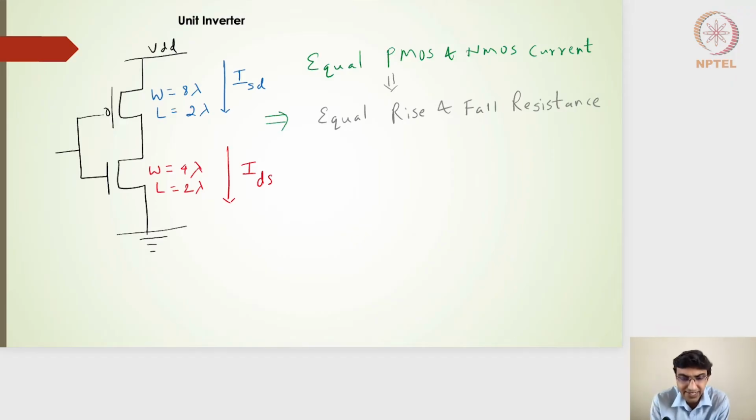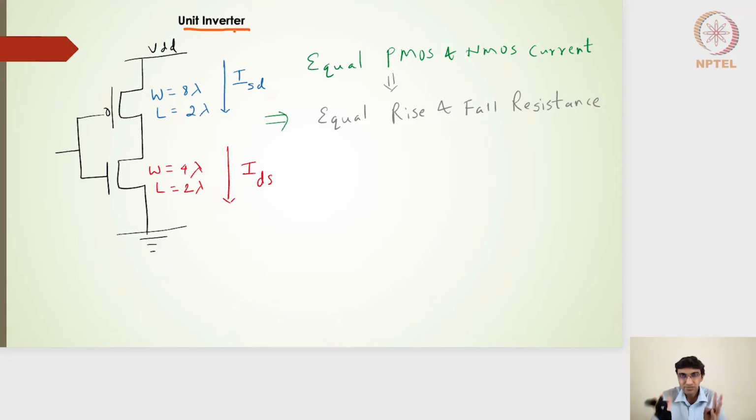So we have designed a unit inverter. So it's an inverter, but it's a unit inverter, and what it represents is the lowest PMOS dimensioned transistor and the lowest NMOS transistor dimension, where the current of the PMOS and the current of the NMOS are equal.